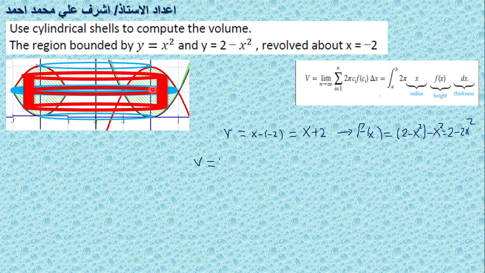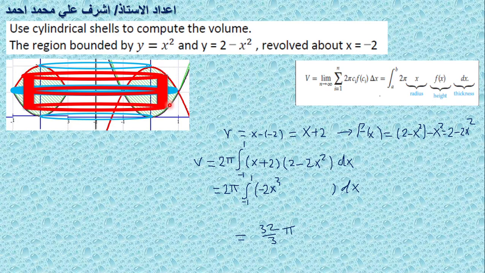R equals this distance, which is x plus 2, x minus negative 2, so x plus 2. The height is the distance between the red curve and the green curve, so upper minus lower: 2 minus x squared minus x squared. Negative x squared, negative x squared, negative 2x squared, so 2 minus 2x squared.